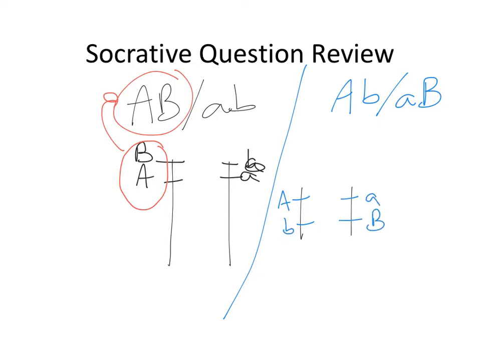Or the B's could be on top and the A's could be on bottom. Questions, concerns, clarifications needed? When you have two genes on the same piece of DNA, you just write the allele nomenclature next to each other with no punctuation.